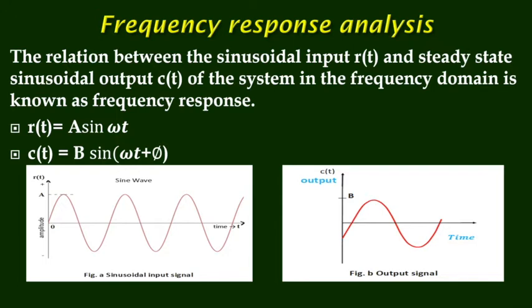The effect of noise and disturbance generated in the system and parameter variations can be easily determined in frequency domain analysis. And absolute and relative stability of the closed loop system can be estimated from the knowledge of the open loop frequency response.